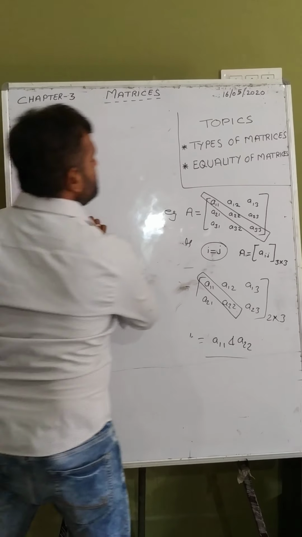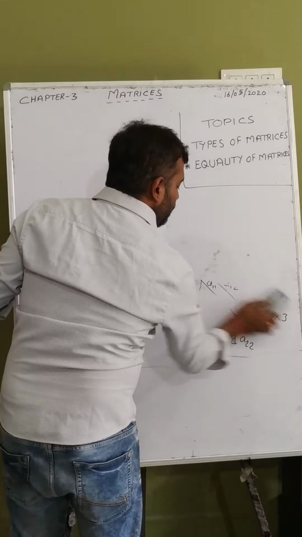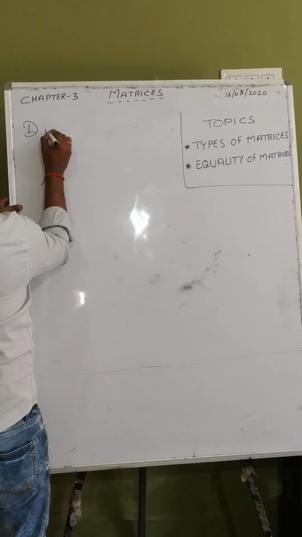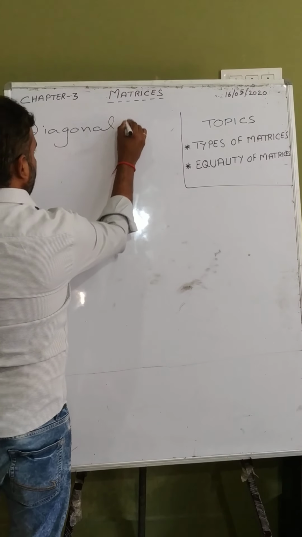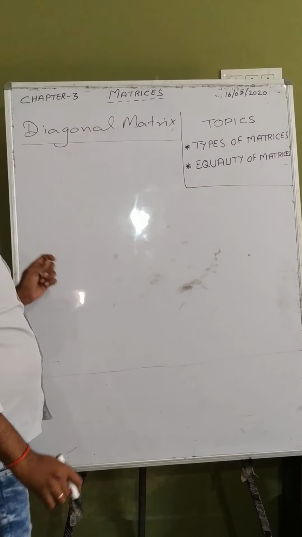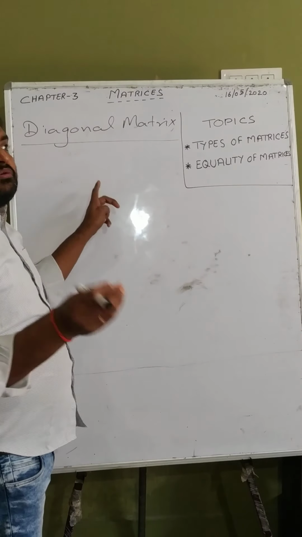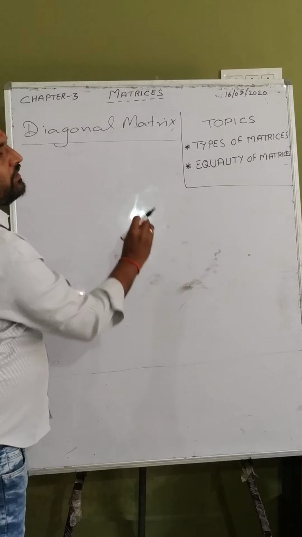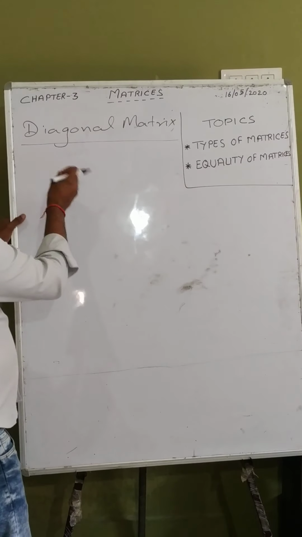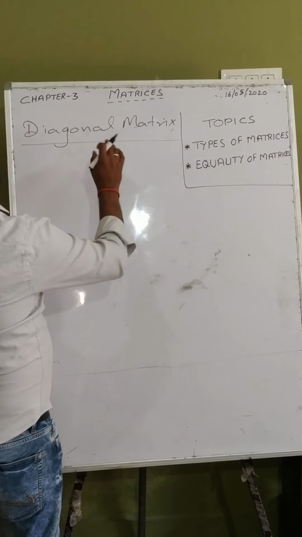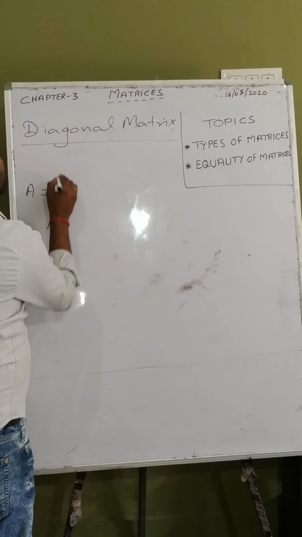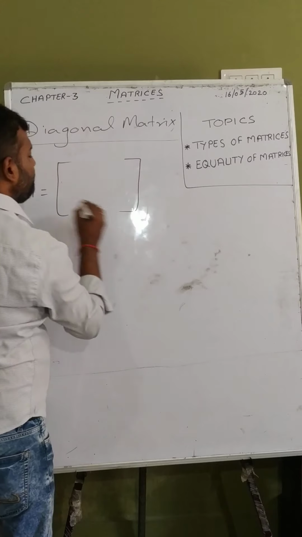Now I am going to discuss the diagonal matrix. What is a diagonal matrix? To understand the diagonal matrix, we need to understand which elements are known as the diagonal elements. That's why we discussed it in the previous point. Now, diagonal matrix: this is a very important point.